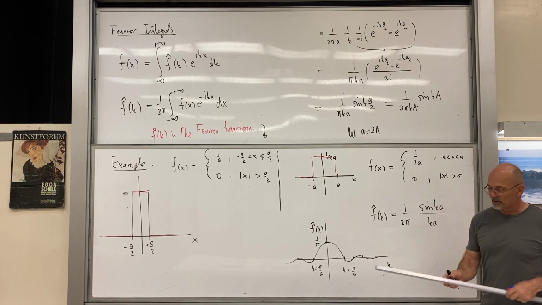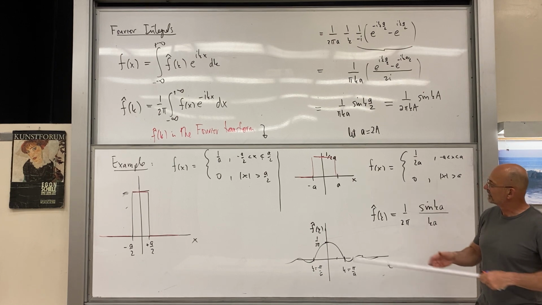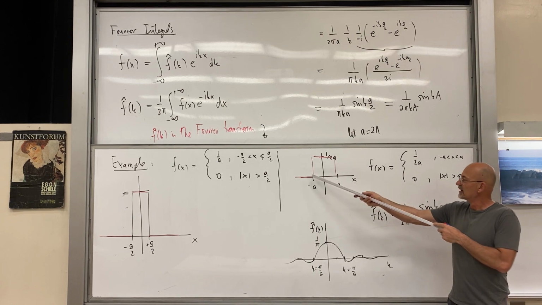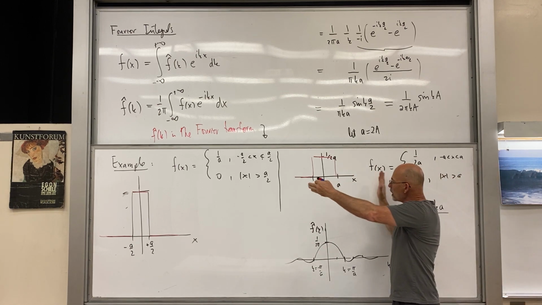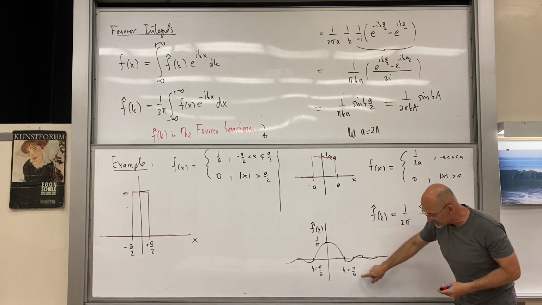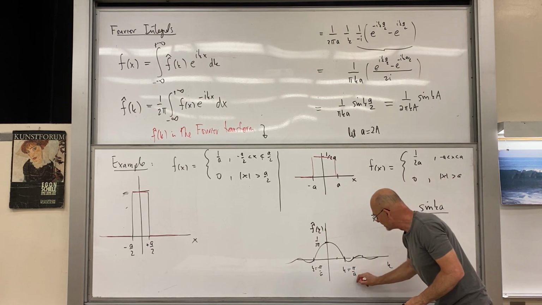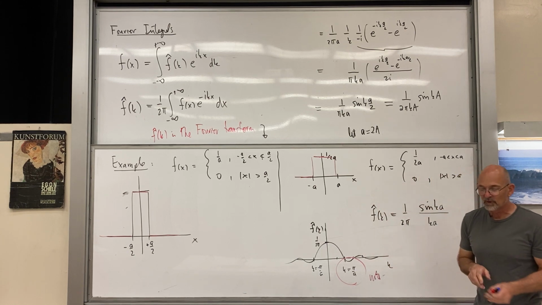And here's the important point that I want to end with. This is, in a sense, the inverse of this step function, because as a gets smaller, this one gets wider. So this expression is very important here. Note, this is a general property.